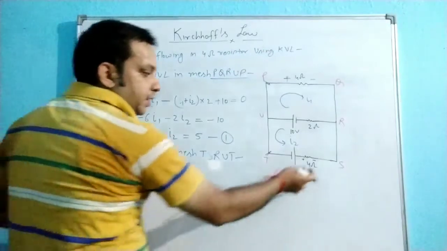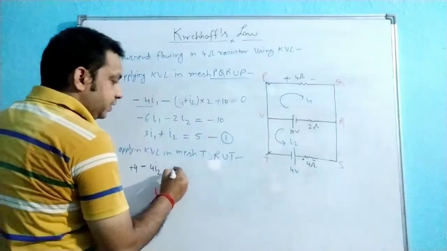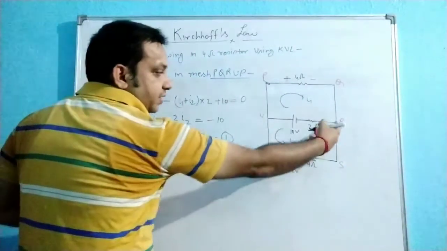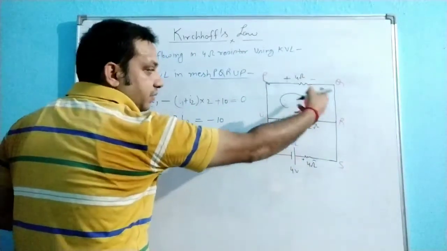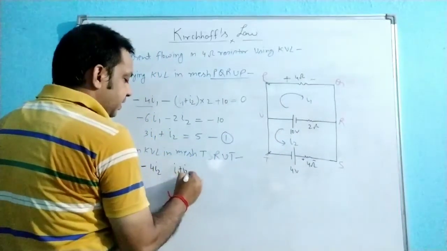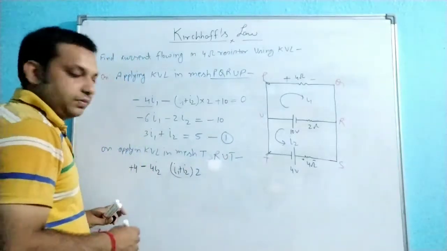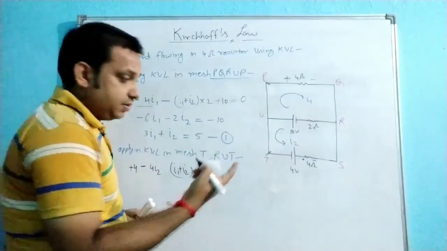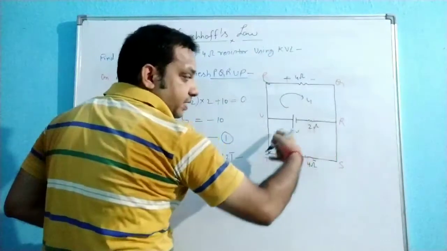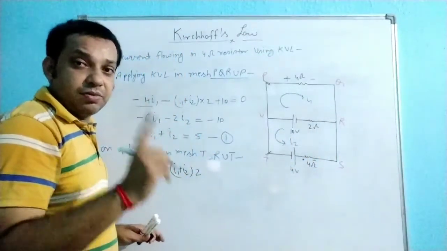Right? Just reshare this 2. So again you will get I2 direction is R to U and I1 is also from R to U. That is why I1 plus I2 into 2. Now is this a plus or minus? Because I2 is dominating this side, this time the mesh current is the dominating current.